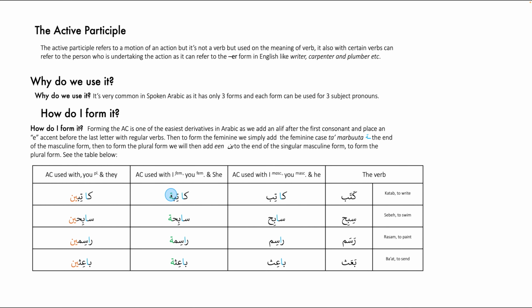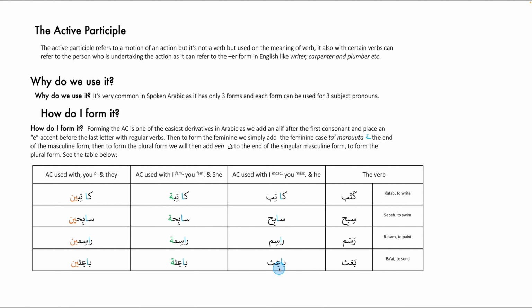And to change it to feminine, because it's not a verb, you will deal with it as an adjective, a description. So you would say katbe. And to change it to plural, you would add an -in to the end of it, so katbin. On the same principle, sabah becomes sabih, sabha, sabhin. Rasam, rasim, rasme, rasmin.